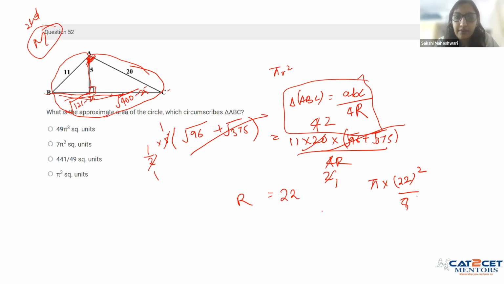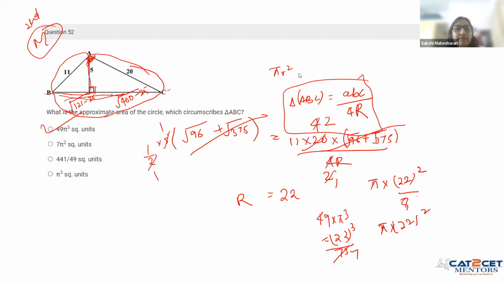I think 49 pi cube if you write it. This should give you 22 cube by 7 cube. So yeah, this will be 7. This will become pi into 22 square. Right? You'll need to check the formats which match. Option 1, A will. Yeah.